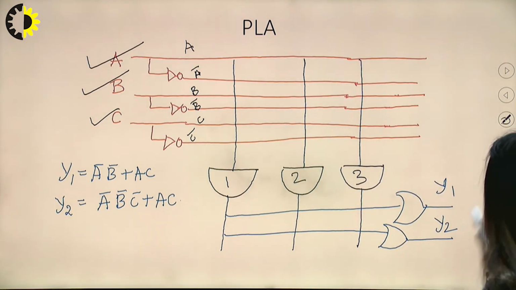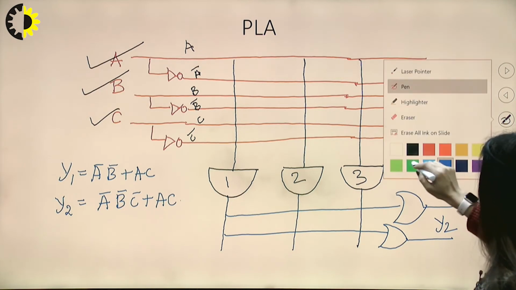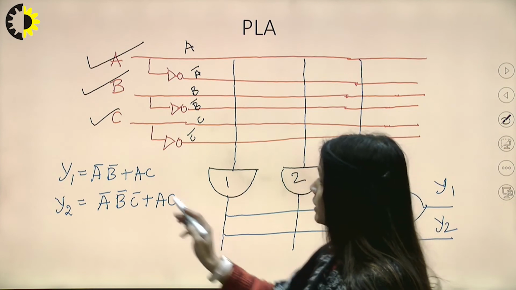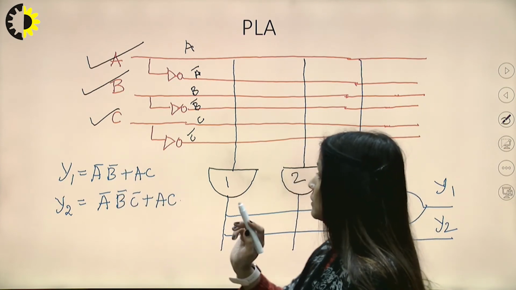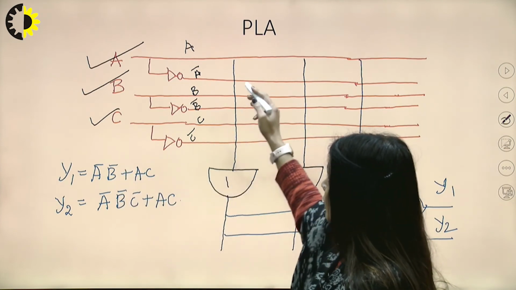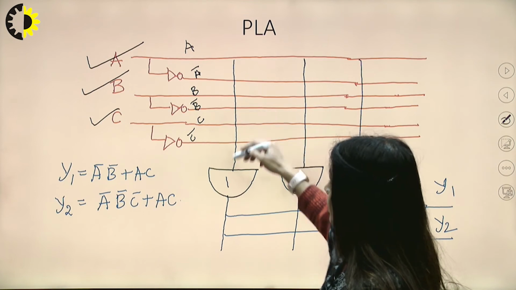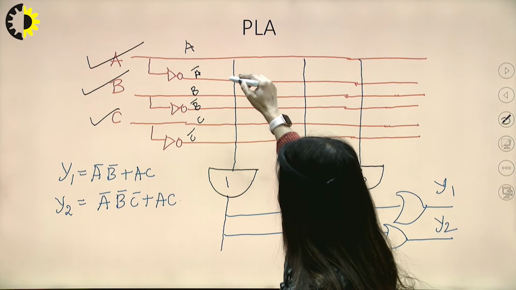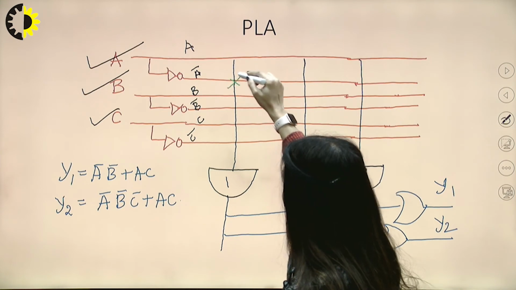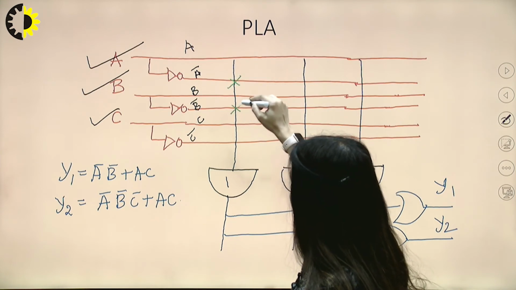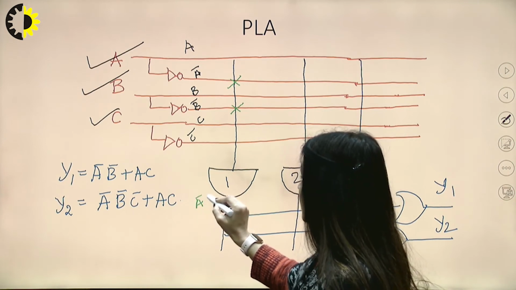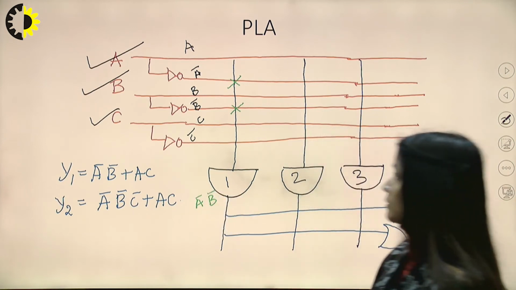Now we will make the connections. So y1 is a bar b bar. So a bar into b bar should go to this one. So here a bar and b bar. The output of this will be a bar b bar.